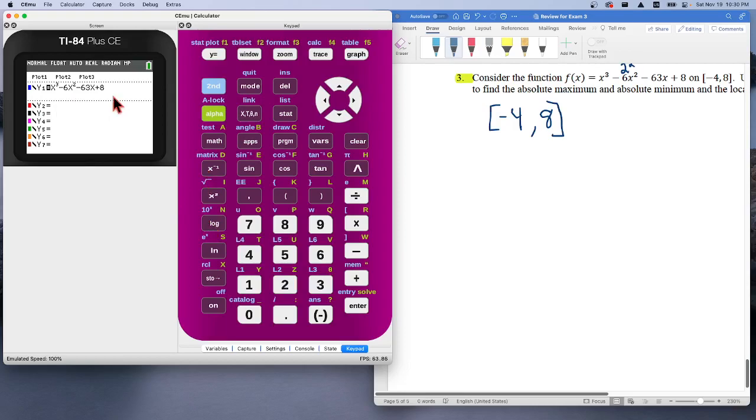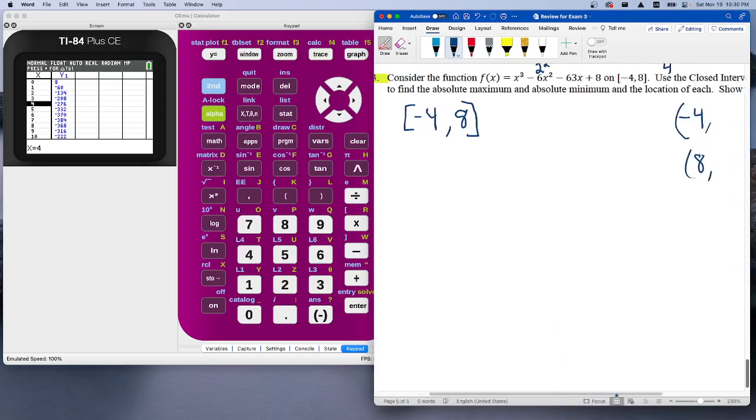Now one thing I'm going to go ahead and look at the table first before I go to the graph, simply to build the anticipation. So what I want is when x is 4, y is -276.